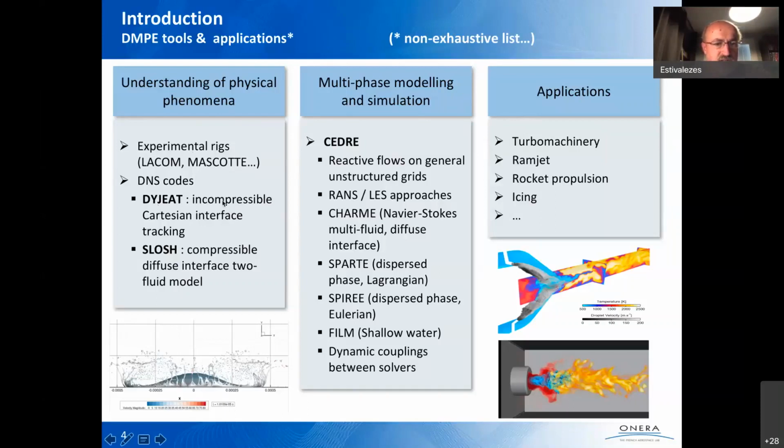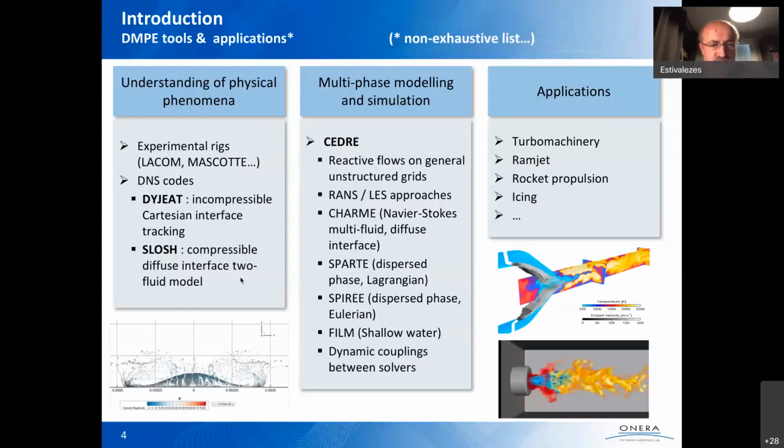This code, Digit, which is an incompressible one, with Cartesian grids and with interface tracking feature. Another one which is weakly compressible, which is unstructured grid, and based on the two fluid models, and whose interface is captured by a diffuse method.